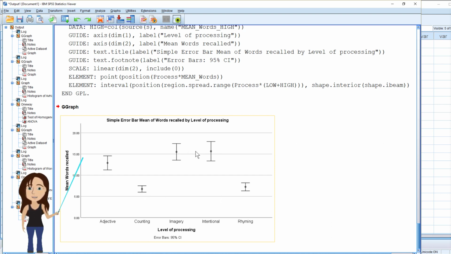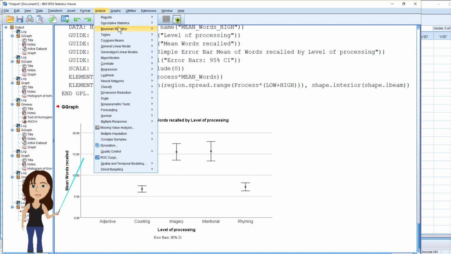So these two look equally good. These two look equally bad. Now this one is interesting. It looks better than counting and rhyming, but is there any difference between this one and these two? And that's a little bit difficult to read off the graph. So we definitely need to do the post hoc comparisons, and obviously you would do them anyway, but it's helpful sometimes to look at the graph first to help interpret them.